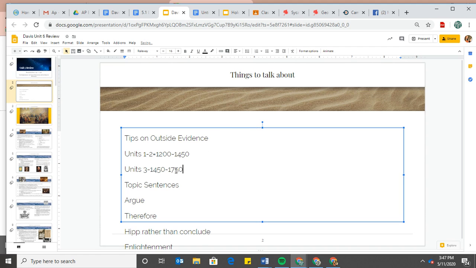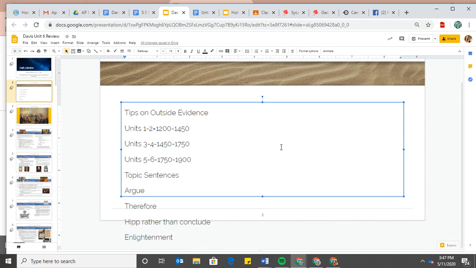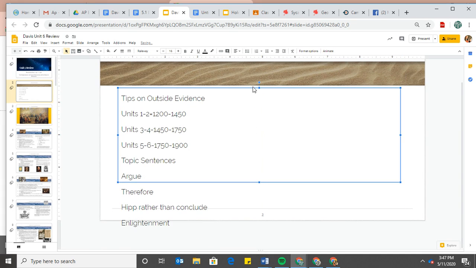So this is units 3 and 4. And then units 5 and 6 are 1750 to 1900.